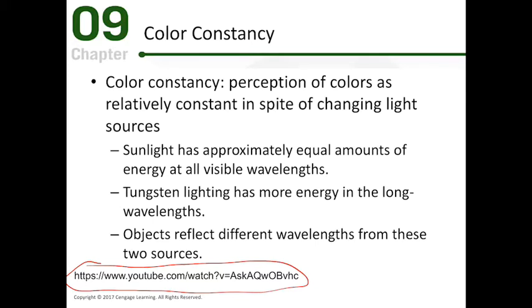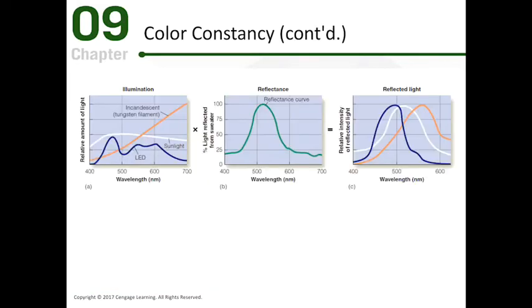Actual light reflected from, let's say, a green sweater depends on two major things. One is its reflectance curve, which we're going to get to in this slide right here. And the other is the illumination that reaches that item and the light that's reflected from it.